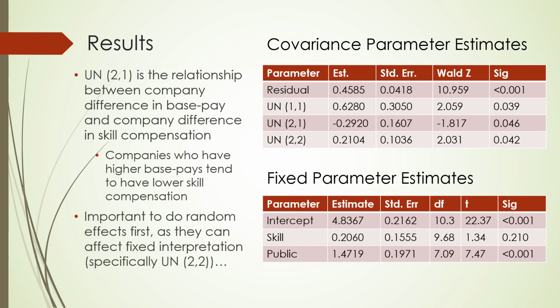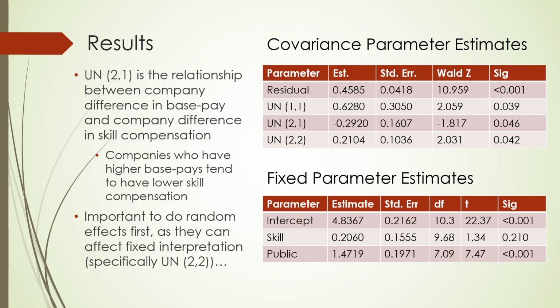Now, it is important to look at these random effects because specifically for the unstructured coefficient UN22, again, UN unstructured, 22 represents the U sub 1j. That's the skill compensation being different by different companies.